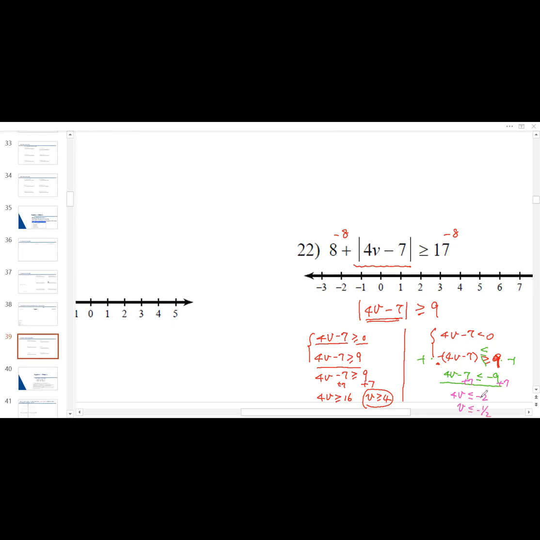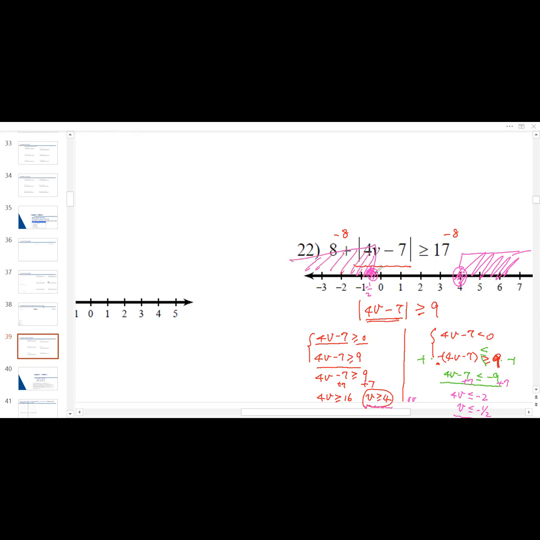So your solution is v greater or equal than 4, or less than or equal to -half. So actually we have two parts, two solutions, right? Let's graph it here. One is 4, filled, and this part is this area. The second one is -half, right here in the middle of them, including this part.